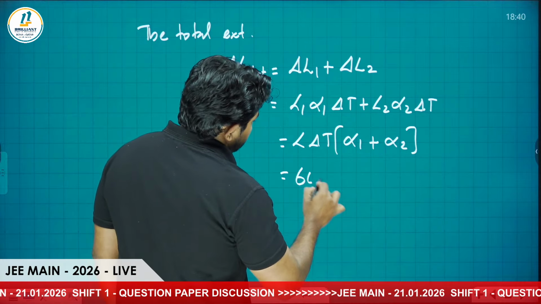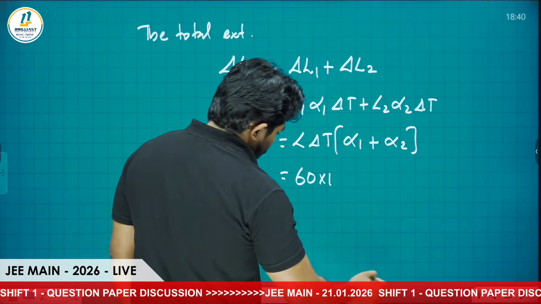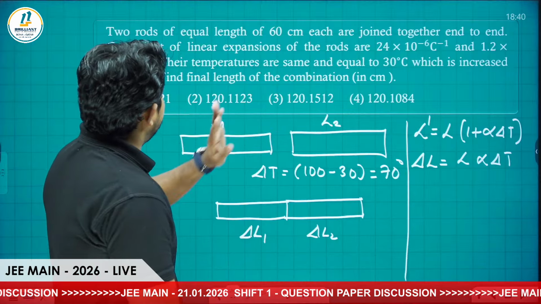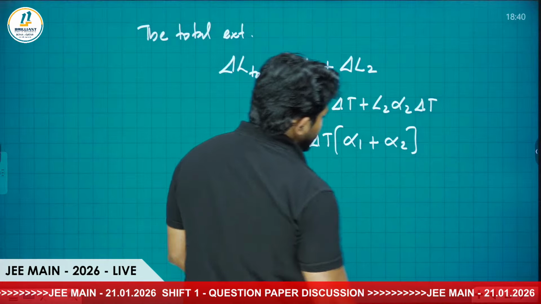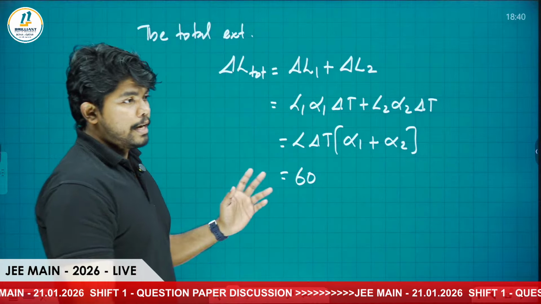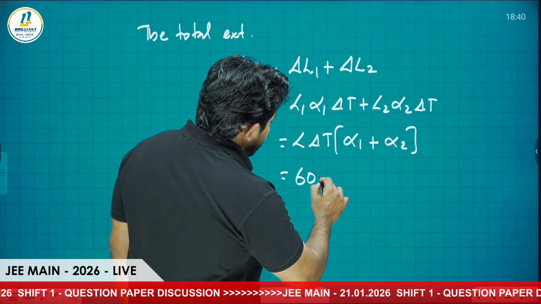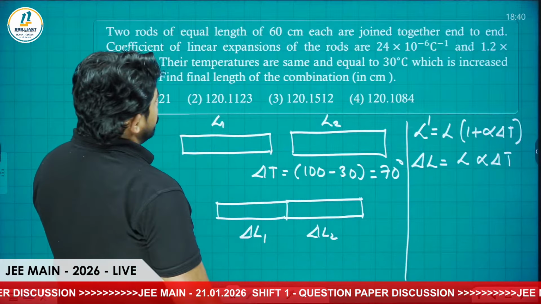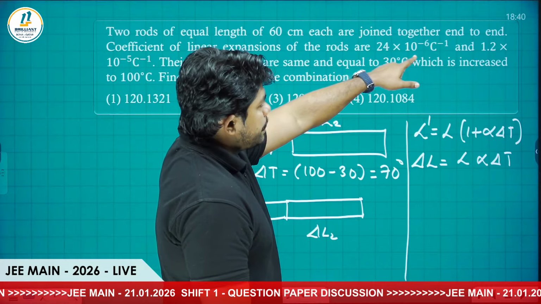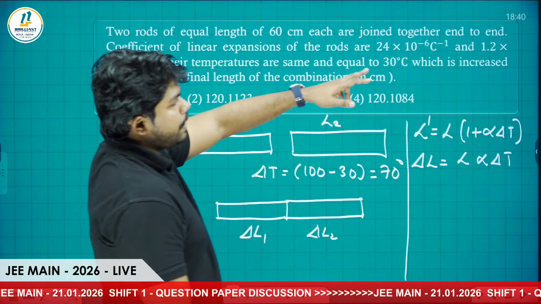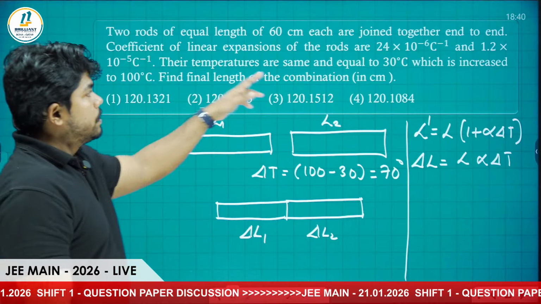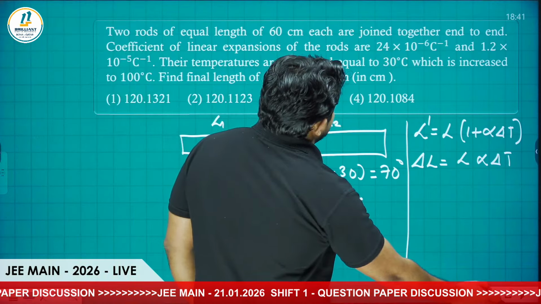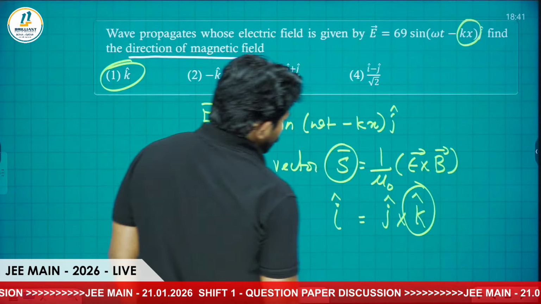So it is 60 times 10 raised to, we can take it in centimeter itself, because the final value is also in centimeter, right? This is 70, and remember alpha 1 is 24 times 10 raised to minus 6, and the next value is 1.2 into 10 raised to minus 5. So I am going to take this also as 2.4.